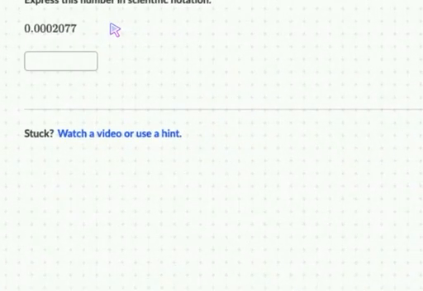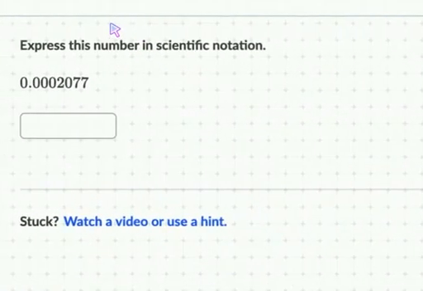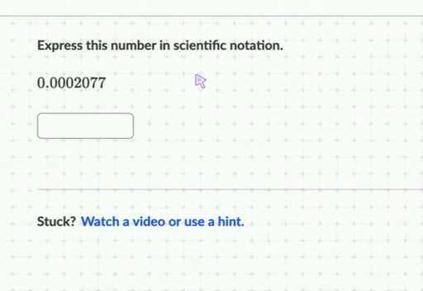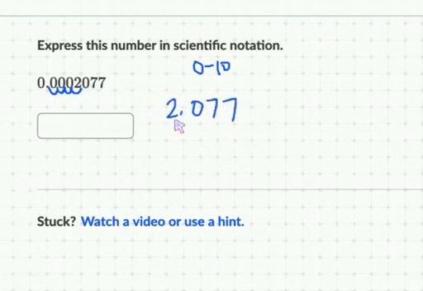All right, let me magnify this so I can see it better. I need a number between 1 and 10, so that's where I need to stop. 1, 2, 3. Still not a number between 1 and 10. And another one, that'll give us 2.077. That's a number between 1 and 10. That's how I know to stop.